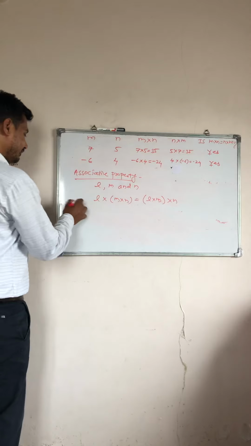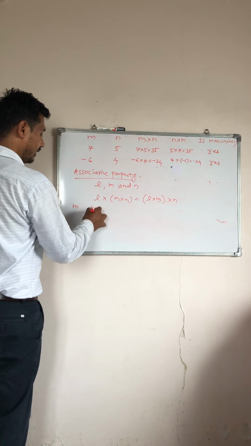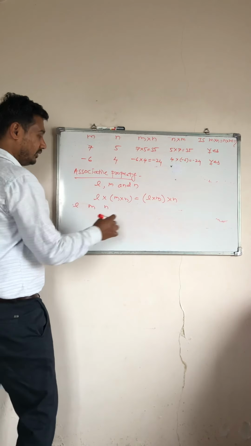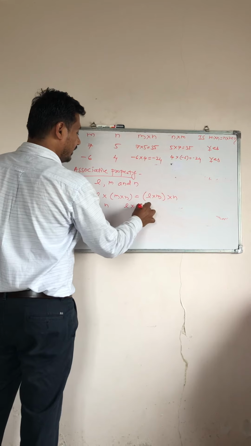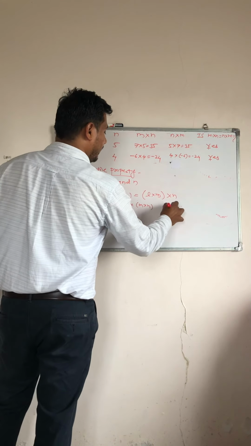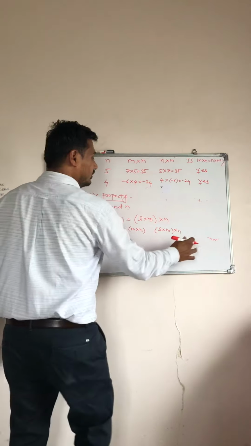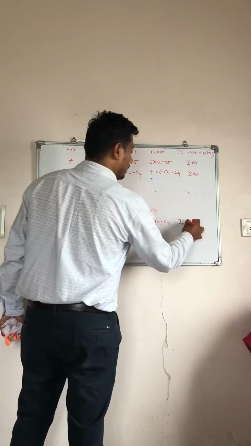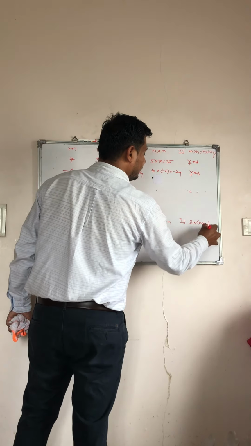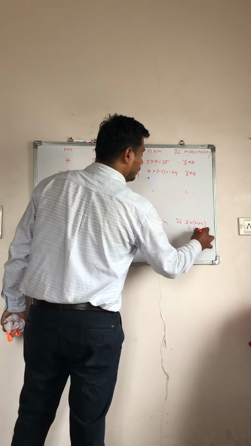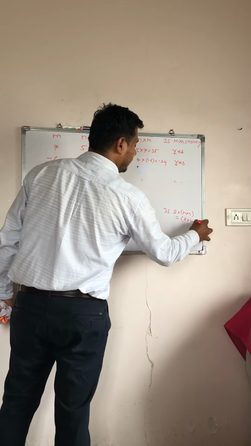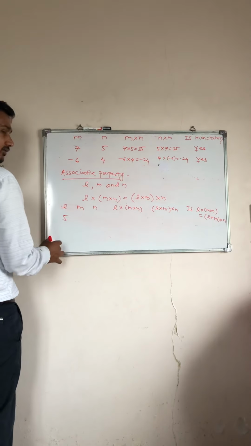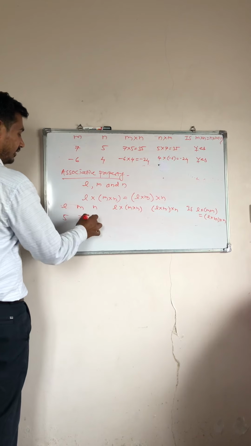For example, L, M, N, then L cross (M cross N), then (L cross M) cross N, and we have to check that L cross (M cross N) is equal to (L cross M) multiplied by N. So consider 5 as the integer L, M is 7, N is 2.